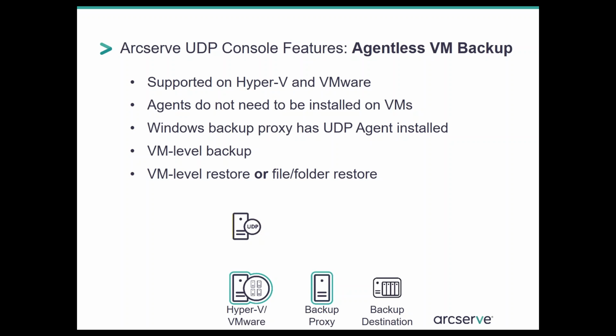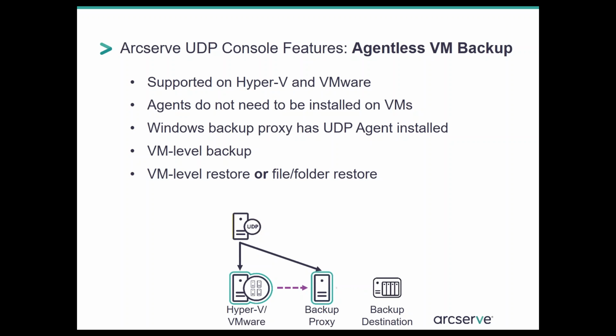We do the backup through the use of a backup proxy, which is a Windows server which is running the UDP agent. And when we do an Agentless VM backup, we're actually doing a backup of the entire VM at the VM level. However, we have the ability to do either a full VM restore, or we can do a granular file folder restore from the VM.